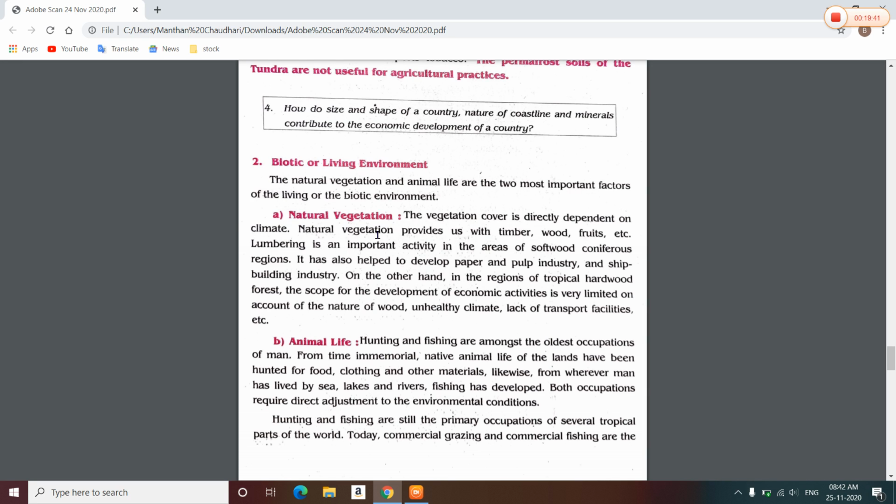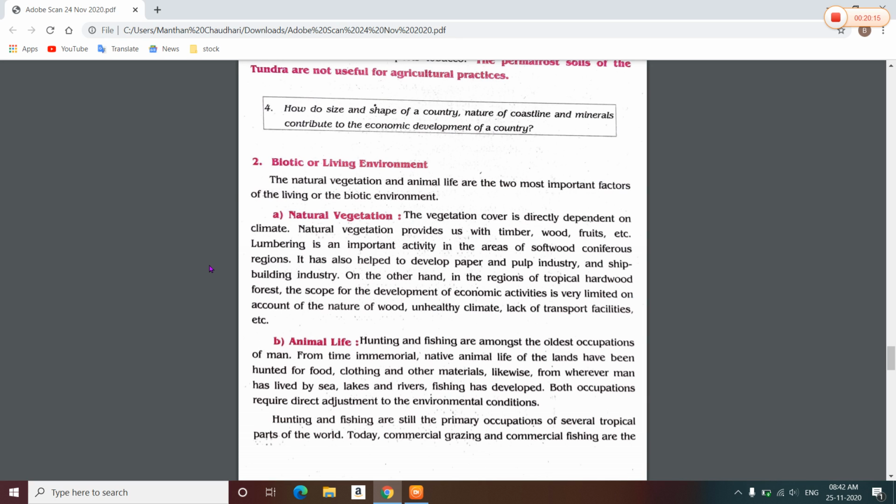Then let us talk about natural vegetation. Natural vegetation or forest provides, of course, timber, wood, fruits, etc. Commercial lumbering is an important activity in the softwood coniferous regions. You might know that softwood has a large demand in the international markets.